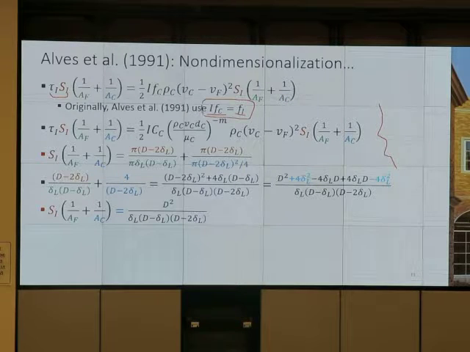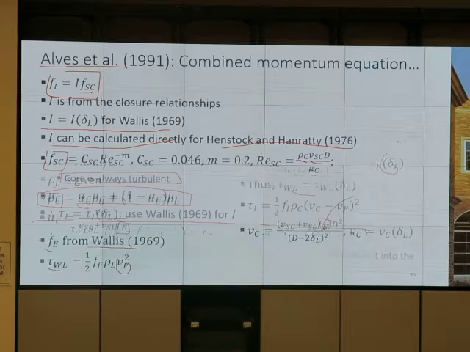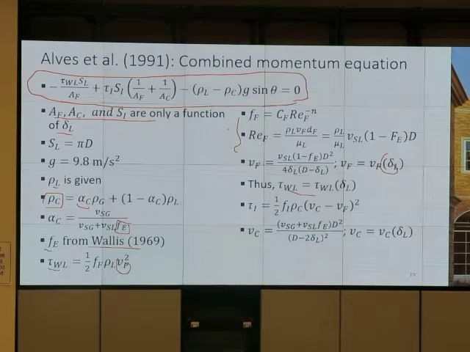Look at this one more time. Is that correct? Absolutely correct. I thought it was FSC. But the original equation, tau I S I, is I FC, right? Let's go back to tau I. What is tau I?